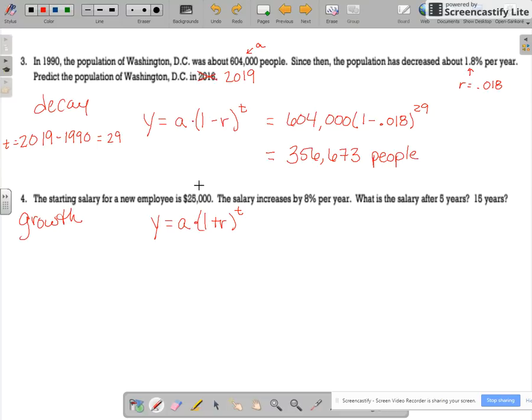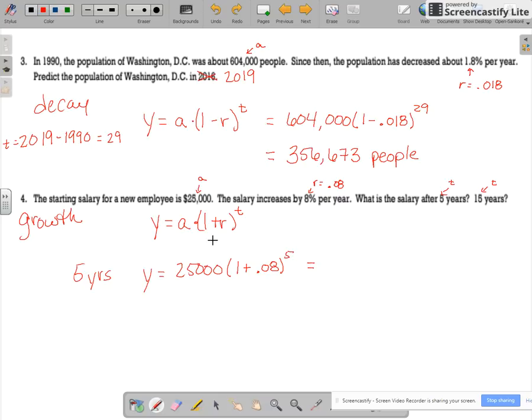Okay. 25,000 is a. 8% is our rate, which as a decimal is 0.08. And then we're going to have two equations, one for 5 years and one for 15 years. Okay? So after 5 years, we have y is equal to 25,000 times (1 plus 0.08) to the 5th.